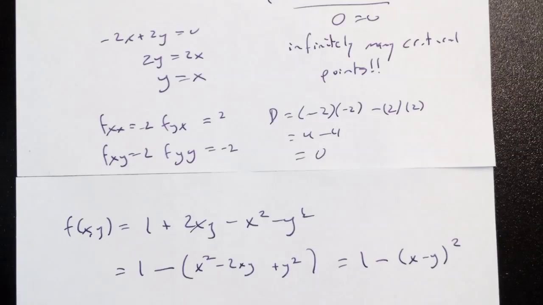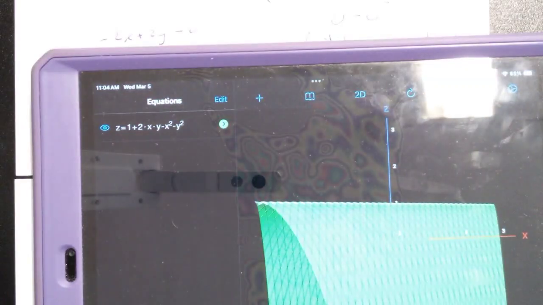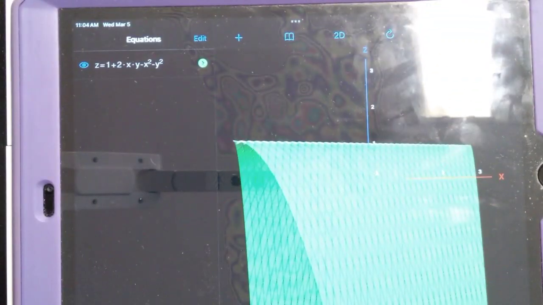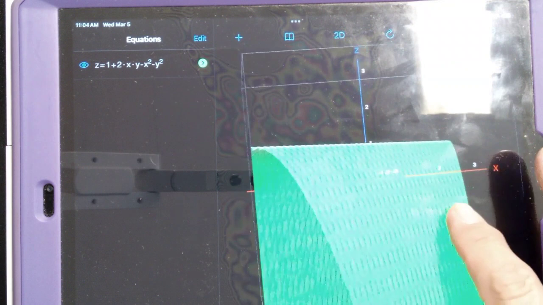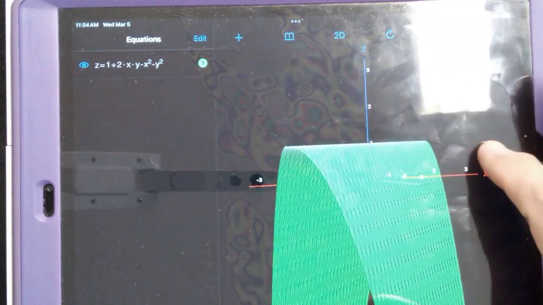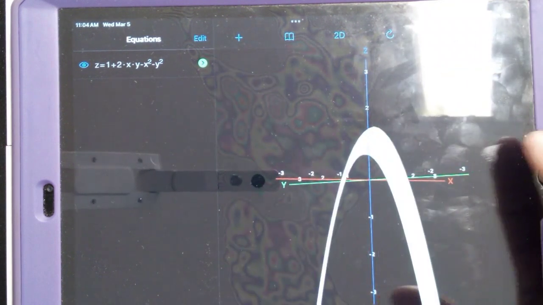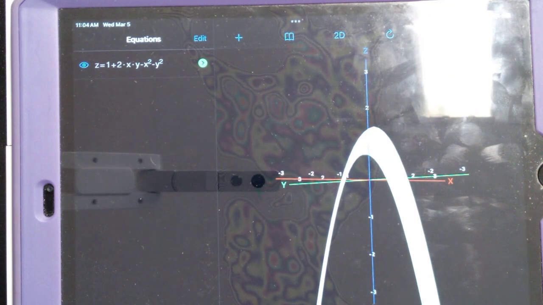So now if I actually do look at the graph, I see this thing, and my reaction is, what the heck? Until I turn it. And there's my downward opening parabola, at an angle of 45 degrees to the x and y axis. It's a parabola along the line y equals x.